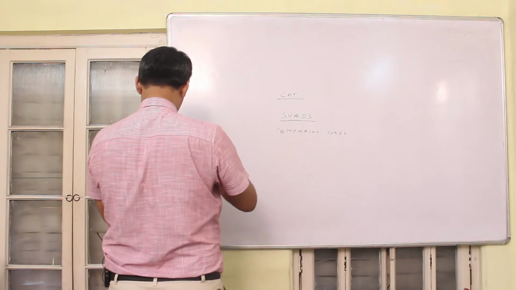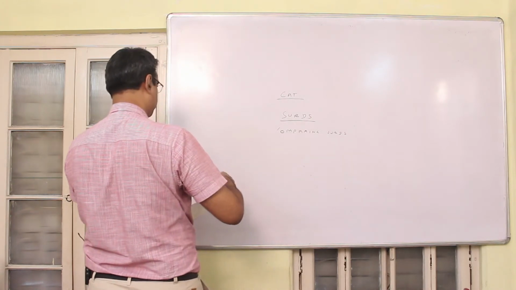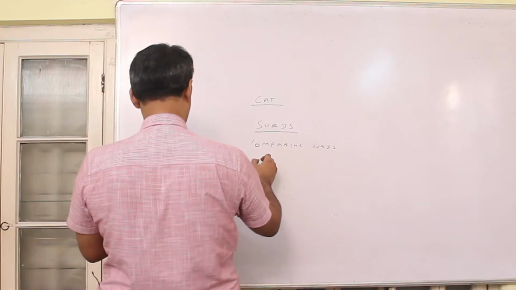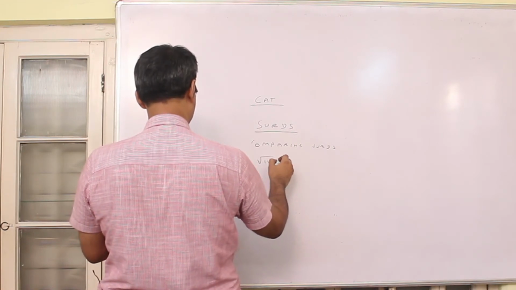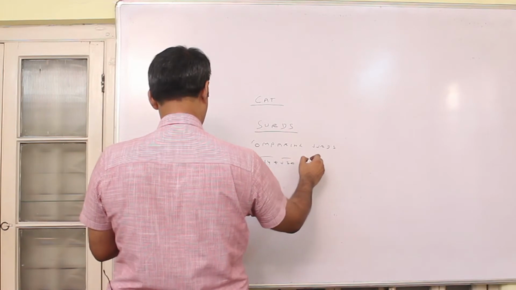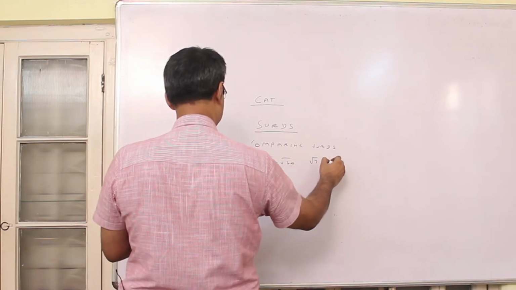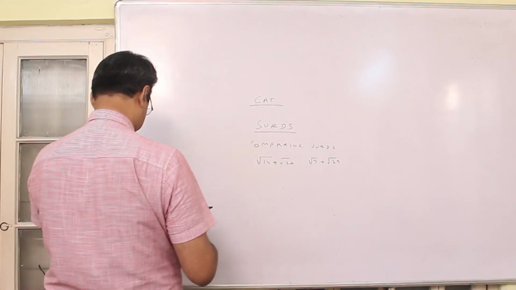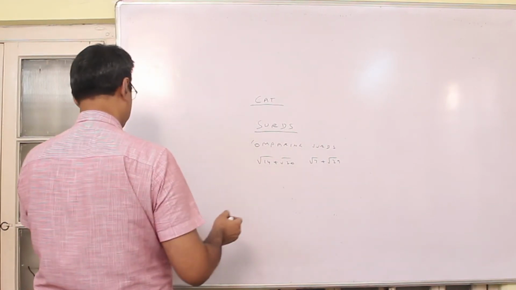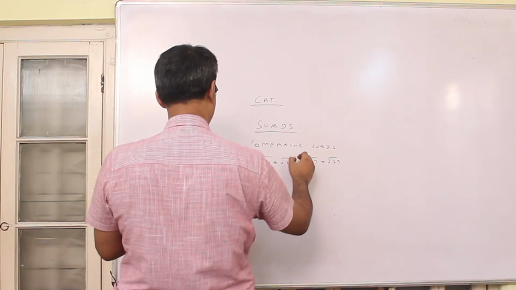Let us have a look at another example of comparing two surds. Suppose these are the two surds and we want to compare both of them. So as usual, you square both of them.